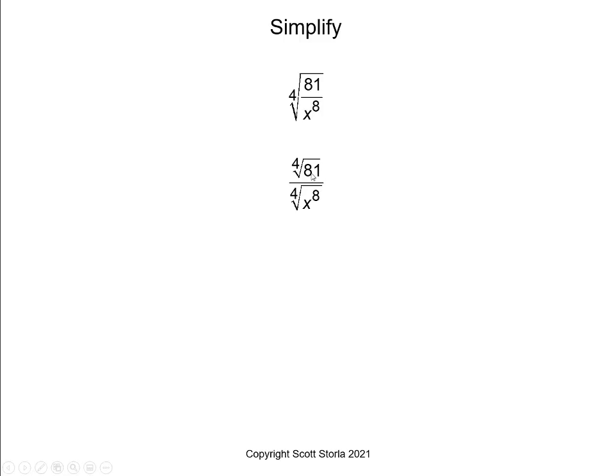If I prime factor 81, it turns out to be 3 to the 4th. And now I can use my division idea. 4 goes into 4 once, so a factor of 3 will be outside. And 4 goes into 8 twice, so a factor of x squared will be outside. And I don't need any more radical symbols.